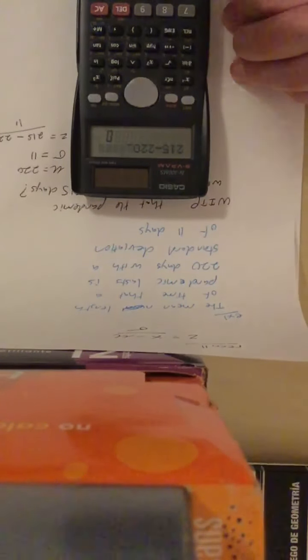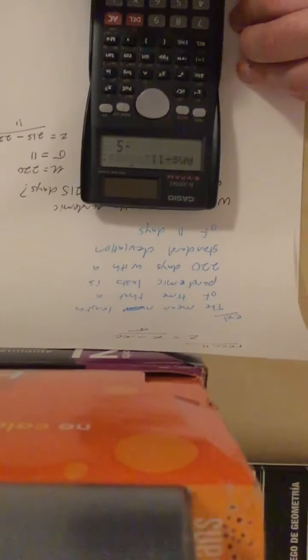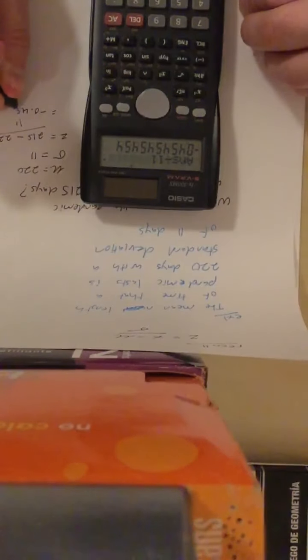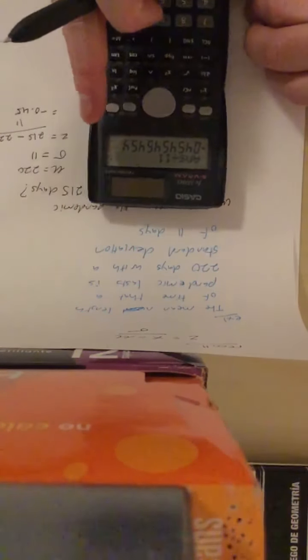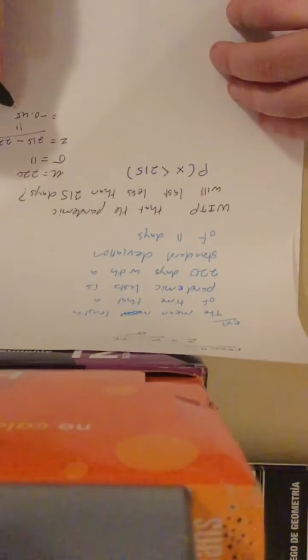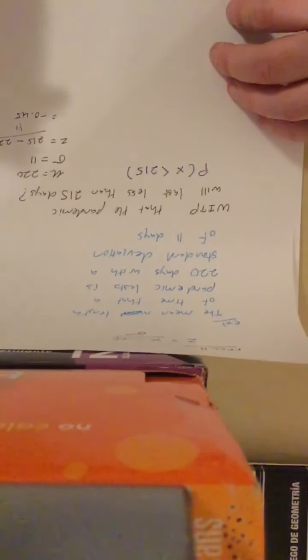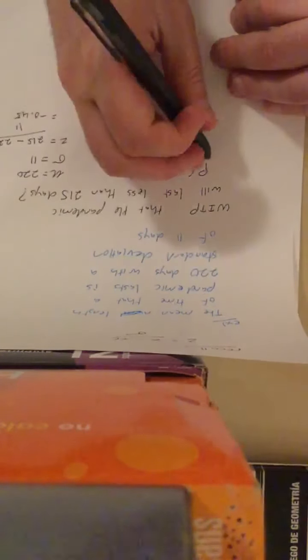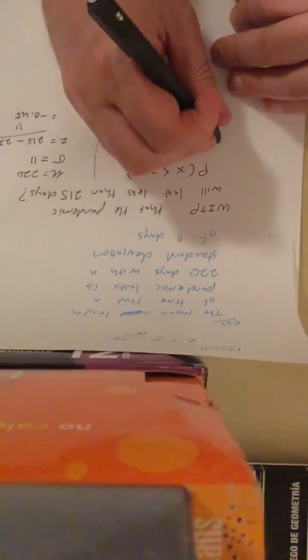It's clearly -5, divided by 11. So that's equal to minus 0.45. We're going to generally round z-scores to the 100th because that's what the chart gives.